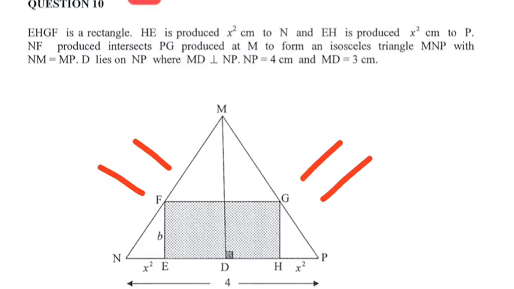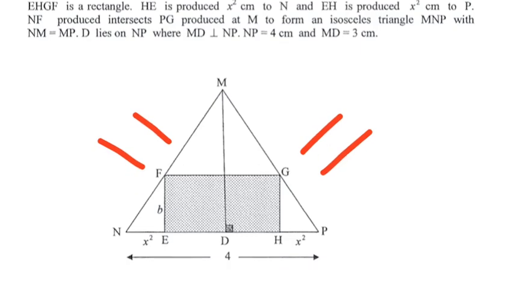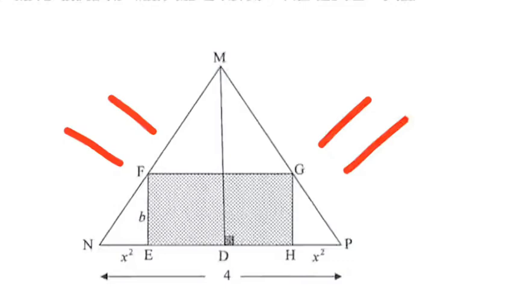D lies on NP where MD is perpendicular to NP. NP is equal to 4 centimeters and MD is equal to 3 centimeters. So MD is perpendicular to NP, the entire left-hand side and right-hand side, and MD is 3 centimeters.